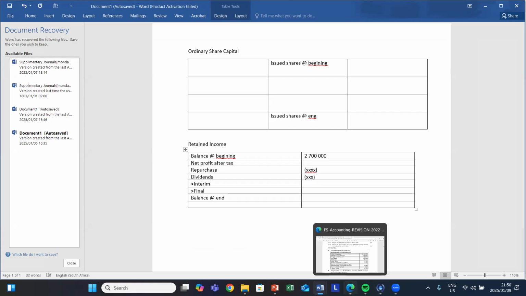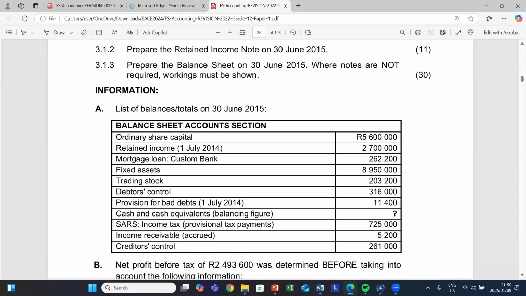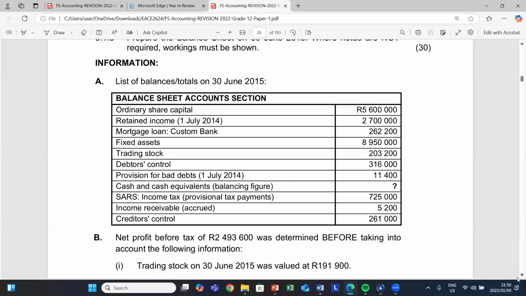And then let's proceed with it. Let's look at our adjustments there. Our main focus is only on retained income.